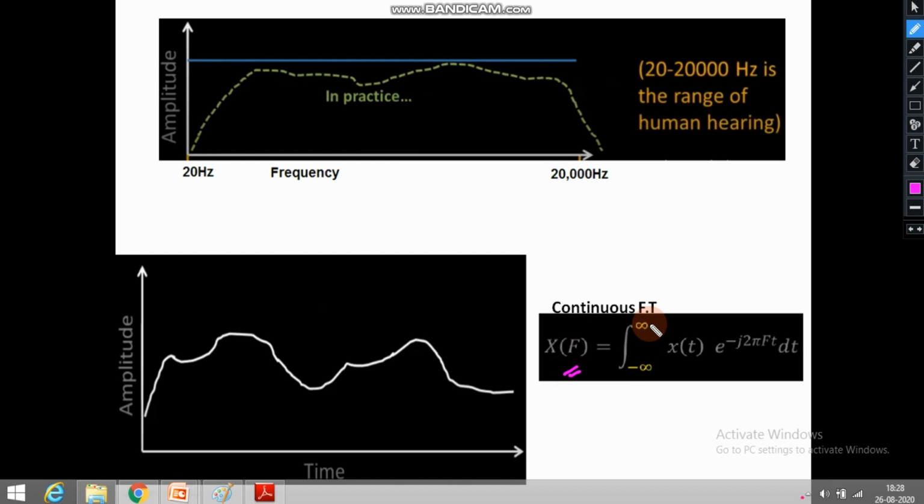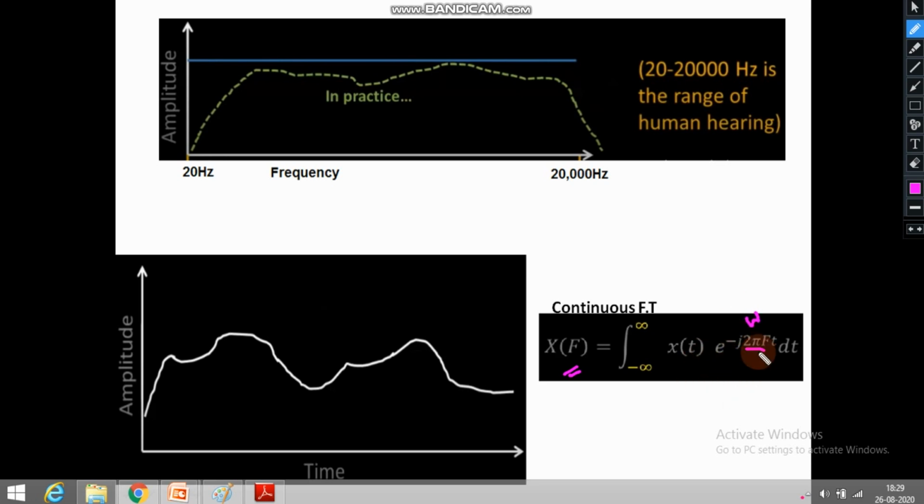As we are dealing with an infinite signal, we integrate from minus infinity to infinity, x of t, the signal under consideration, times e raised to minus j 2 pi f t dt, and we can replace this by omega also.